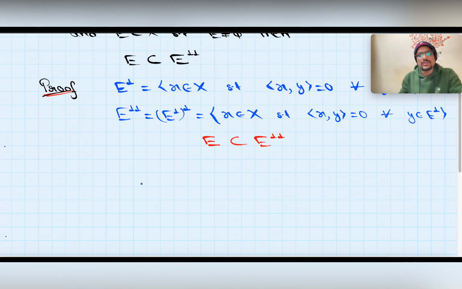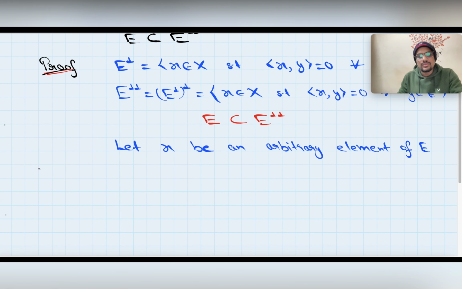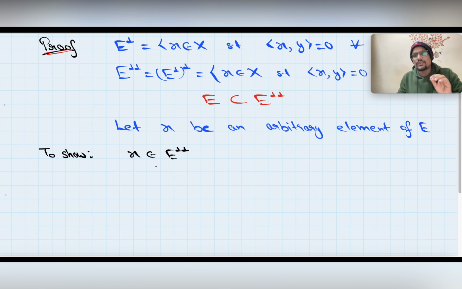The first step is: let X be an arbitrary element of E. Now to show that E is a subset of E⊥⊥, it is enough to show this X is actually inside E⊥⊥. If we show this, then our job will be done.